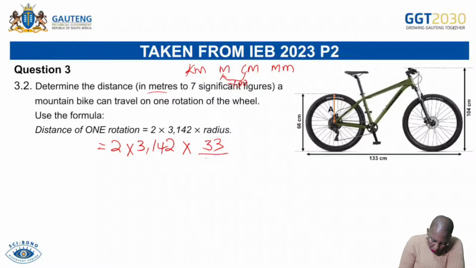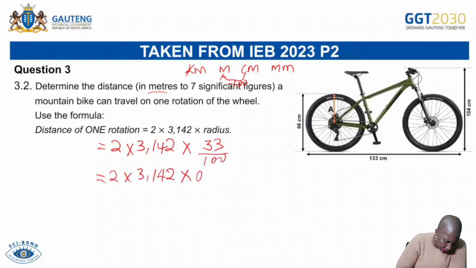So here we are going to divide our radius by 100 to get it to meters. 3,142, and then 33 divided by 100 gives us 0,33 meters. And then now for the distance of the rotation, it will be 0,33 multiplied by 3,142 multiplied by 2.